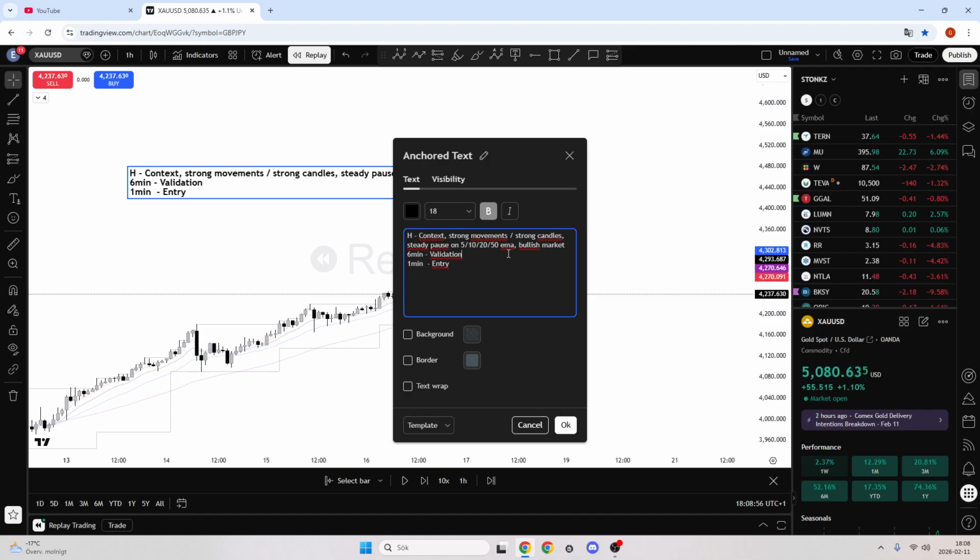On the 6-minute, what I want to see is price move above a supply line, and I will explain to you guys what I mean by that, and a steady pause on the EMAs. Entry on the entry time frame: when the 6-minute pauses on the EMAs, we will see on the entry time frame that price is flushing to the 50 MA and sells down slowly.